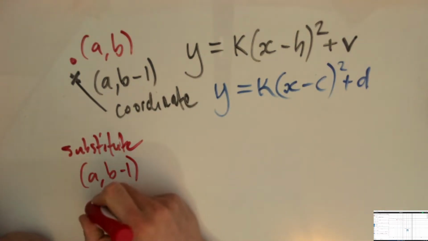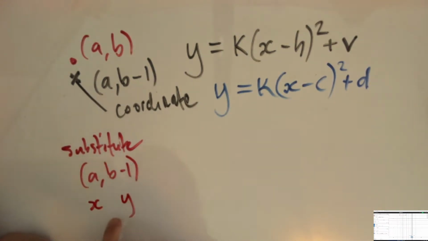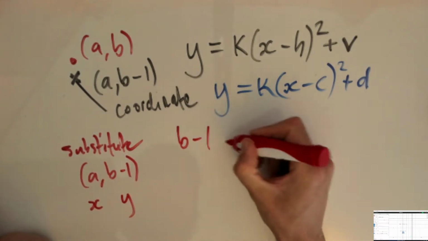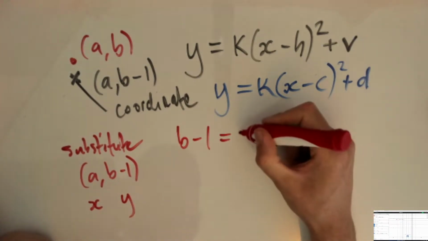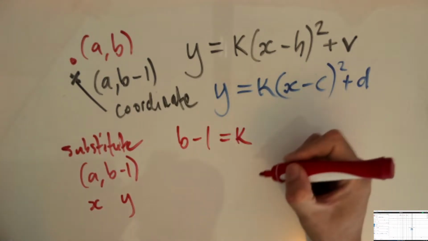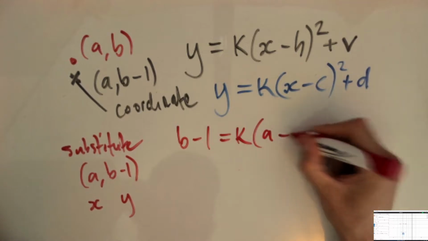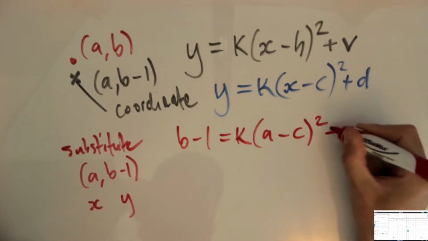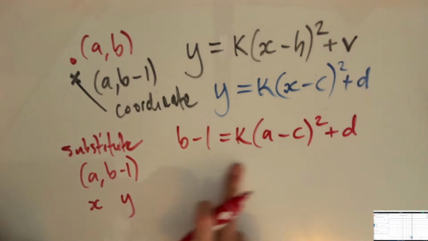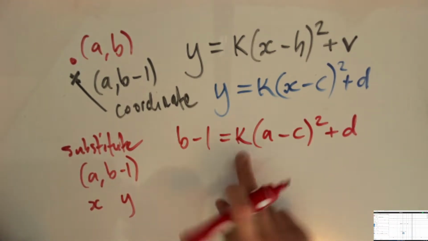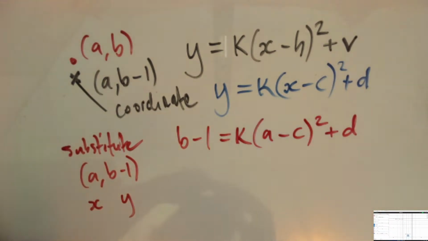So A, remember, that's my X, and that is my Y. So let's just substitute it. So it's going to be B minus 1 equals, and K is our unknown that we're solving for. X I can now substitute in as A minus C squared plus D. So actually all we're doing is we're just going to rearrange this so that K is by itself, or I like to say isolated.